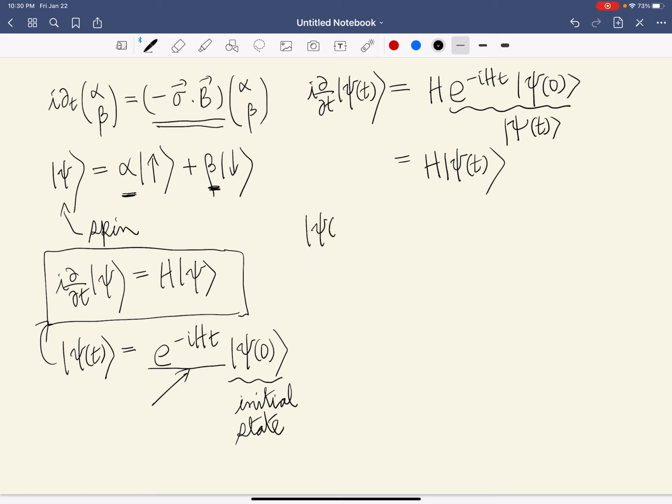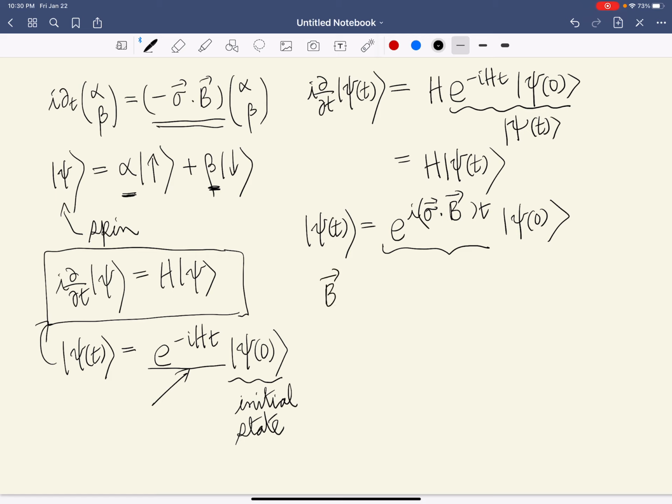Okay, so now the job is pretty easy in the case where the Hamiltonian is given by this, because then the state evolves according to this: sigma dot B t acting on psi 0. Now there's this factor.